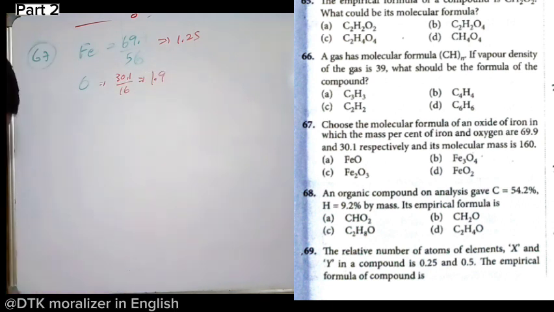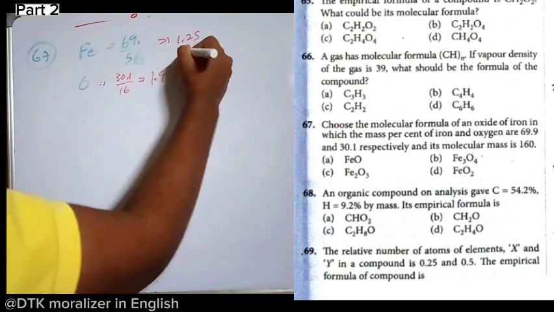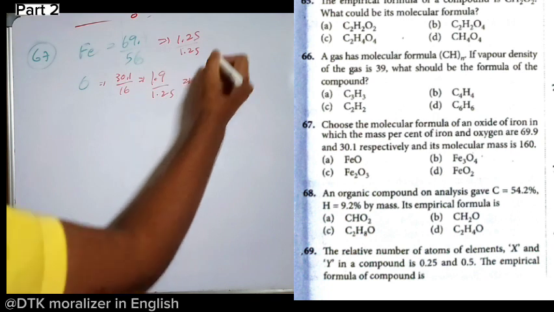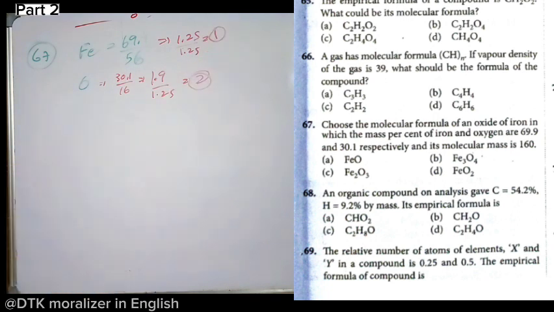For oxygen, 30.1 divided by 16, which is equal to the relative ratios.